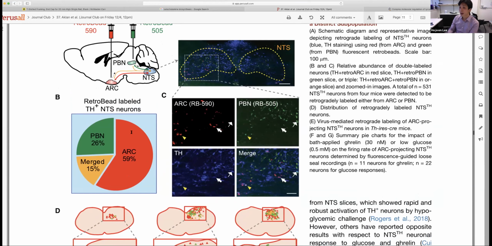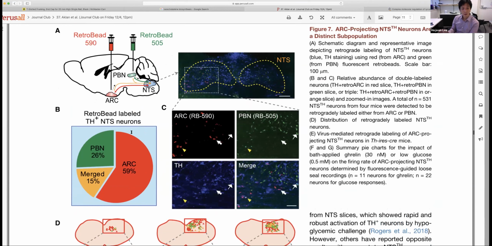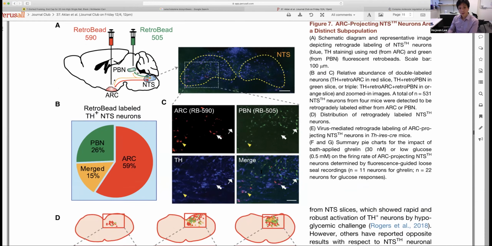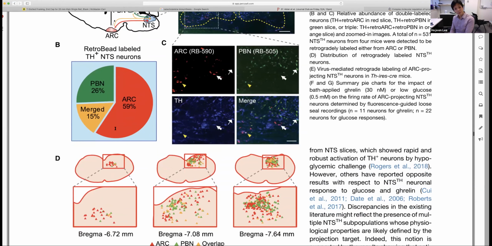In the TH background also. So they're looking at green coming from PBN, red coming from the arcuate nucleus, and then TH antibody in blue, or far red in blue. And this is the pie chart that they get.